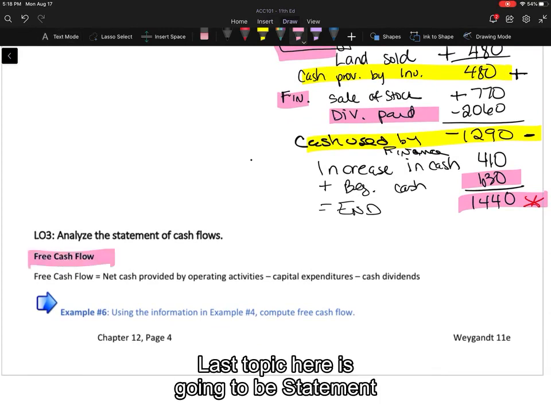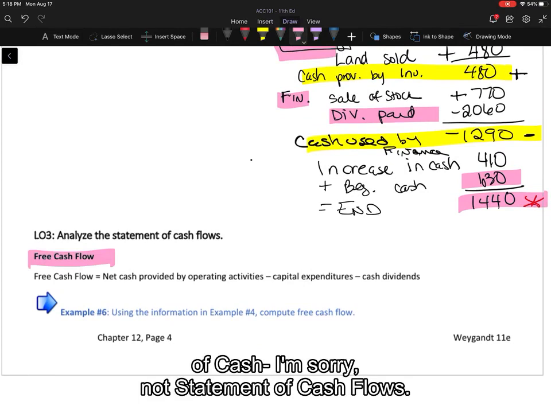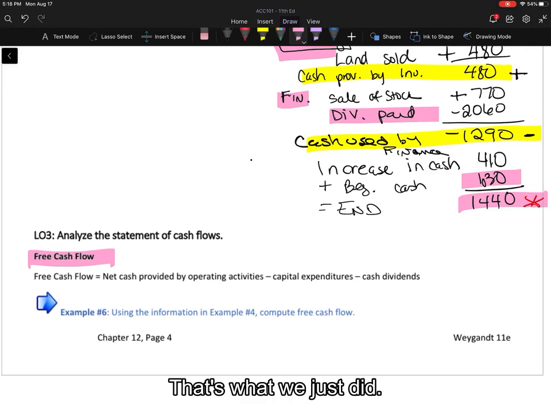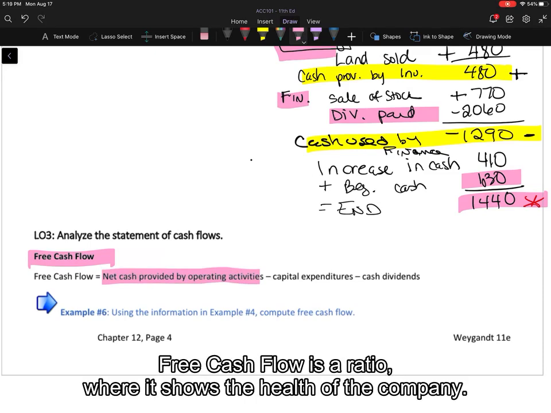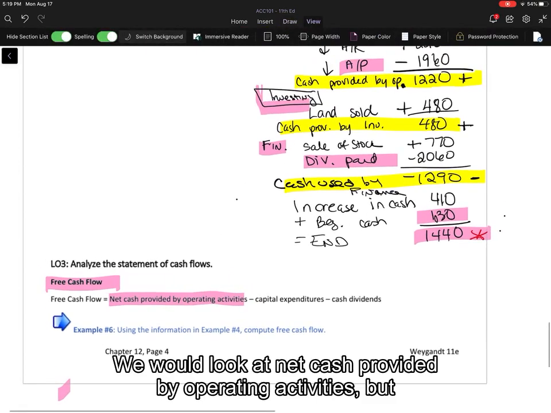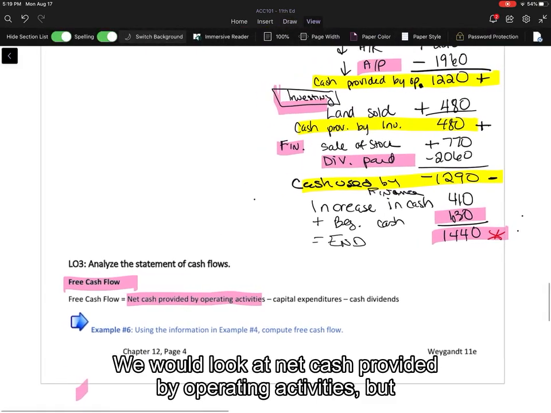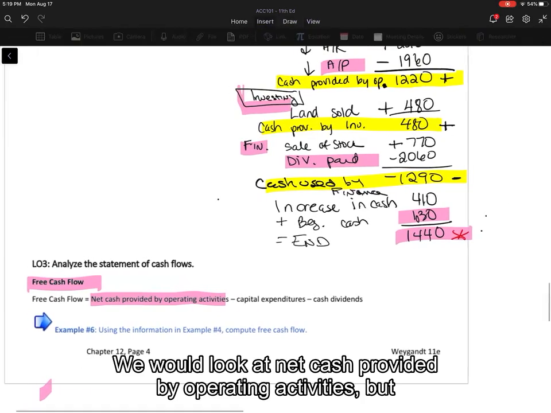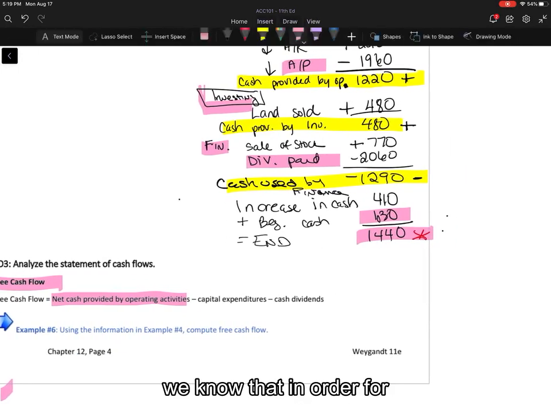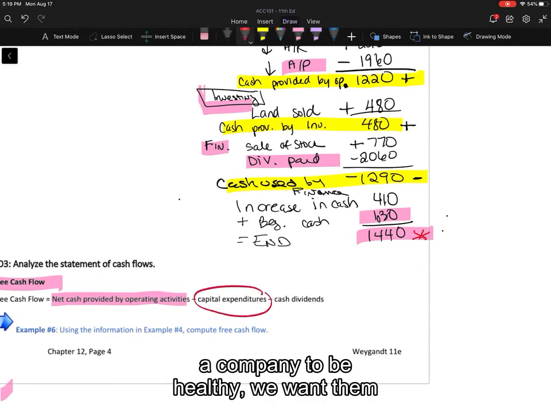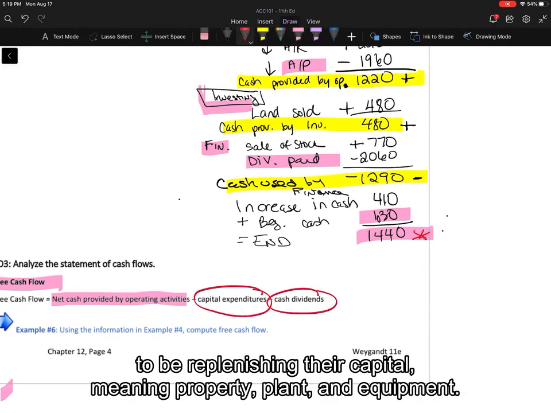All right, last topic here is going to be free cash flow. I'm sorry, not statement of cash flows, that's what we just did. Free cash flow is kind of like a ratio where it shows the health of the company. So we would look at net cash provided by operating activities, but we know that in order for a company to be healthy, we want them to be replenishing their capital, meaning property, plant, and equipment.